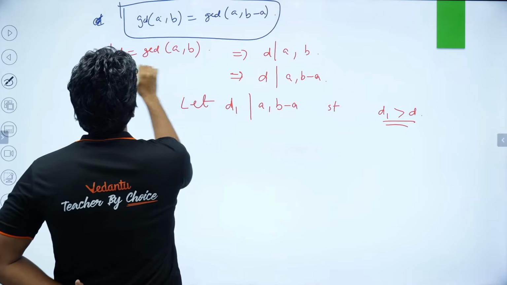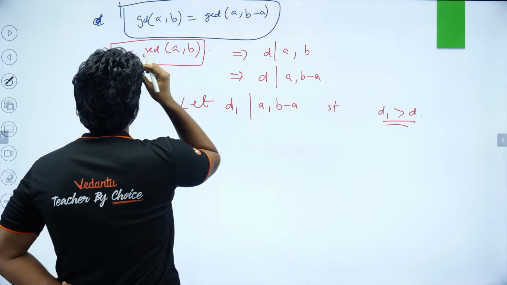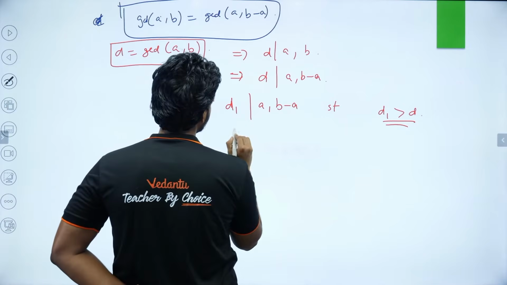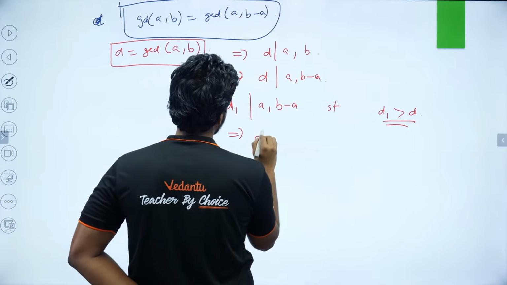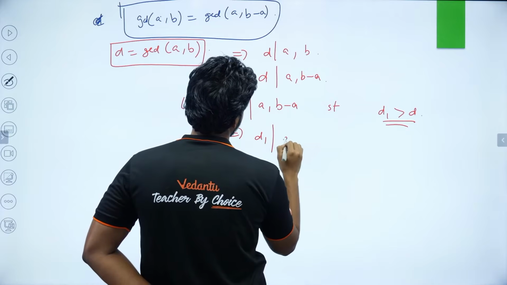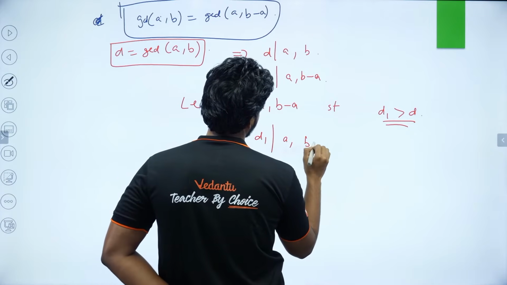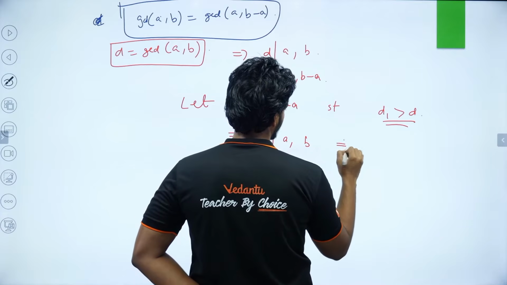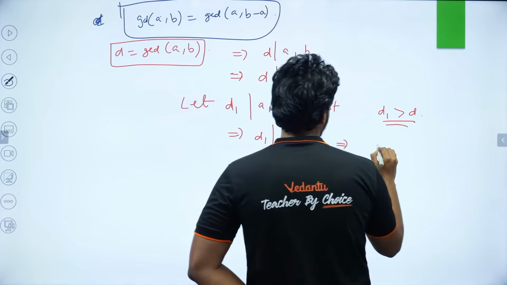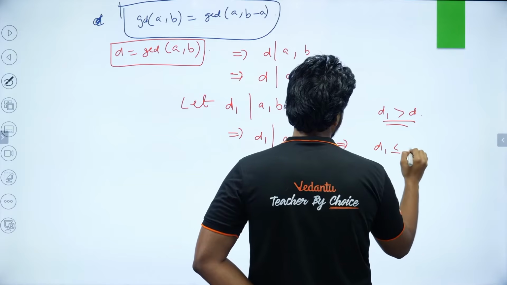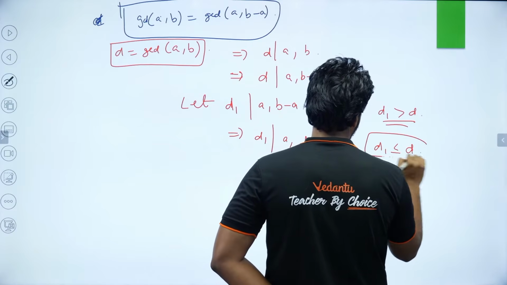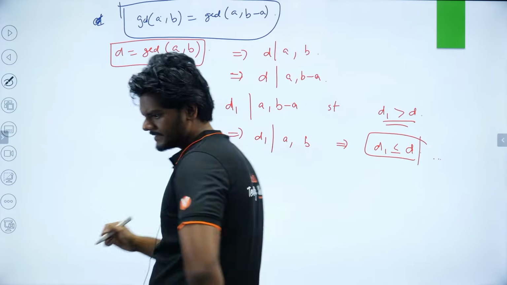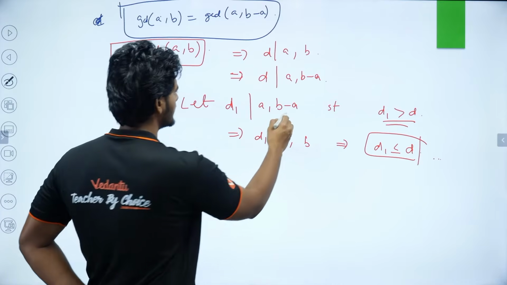Now, we know that D is the greatest common divisor of A and B. So, if D1 divides this, that implies that D1 divides A comma B, which implies D1 has to be less than or equal to D. Do you understand? From here to here, why did we get that?